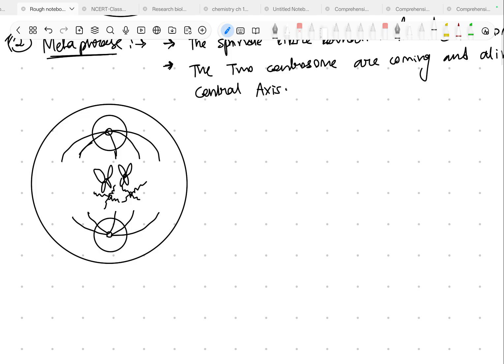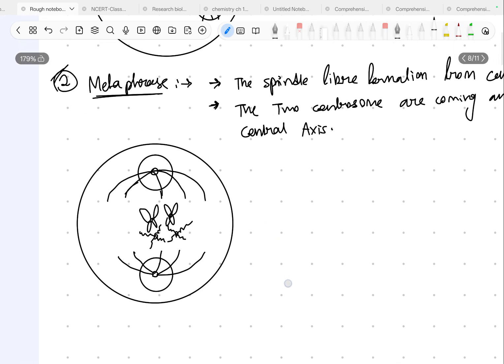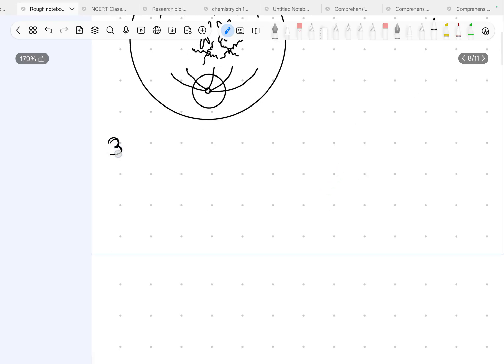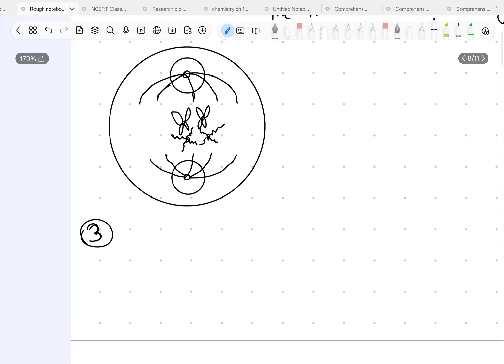If you understand the structure, let's move to the anaphase. I will tell in the anaphase. You have seen the spindle fibers are forming.